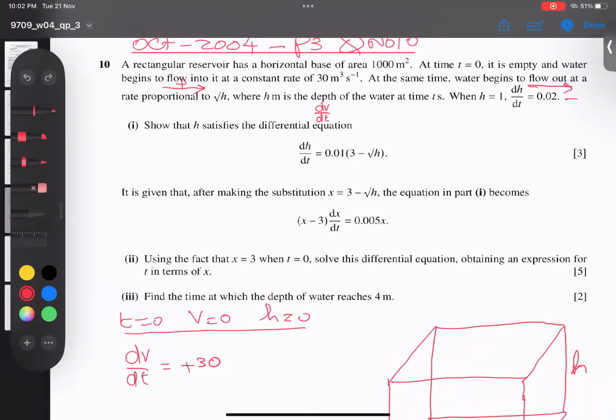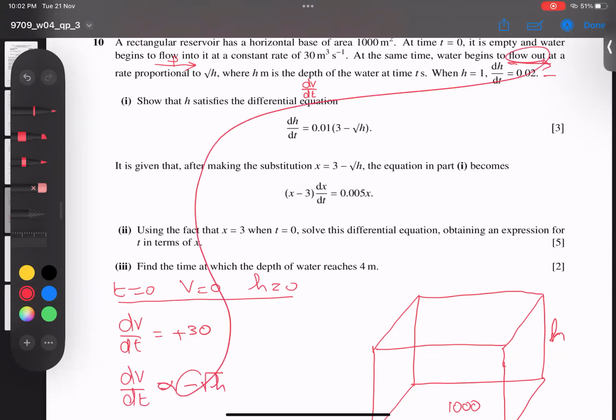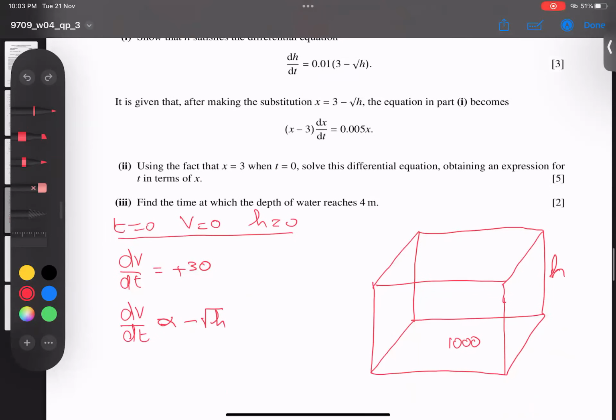Next line: at the same time, the water flows out at a rate proportional to root h. So it's flowing out, which means proportional to negative root h. Why negative? Because it is flowing out, and root h he mentioned here. And whenever I remove the sign of proportionality, I get k.